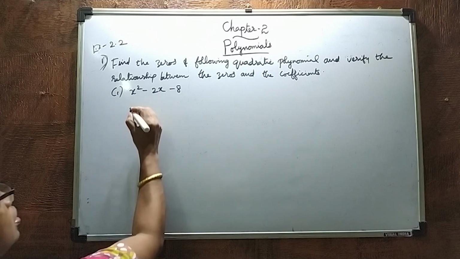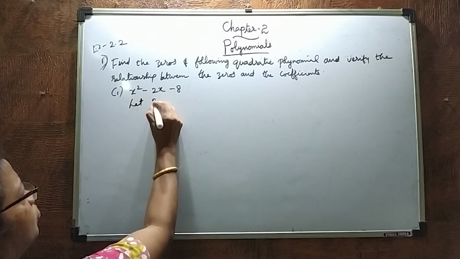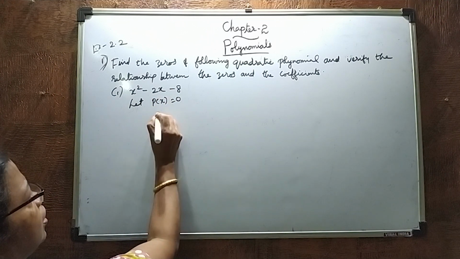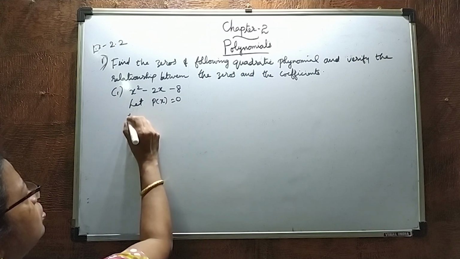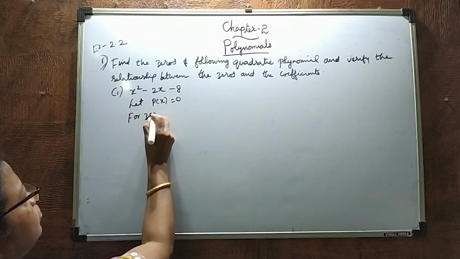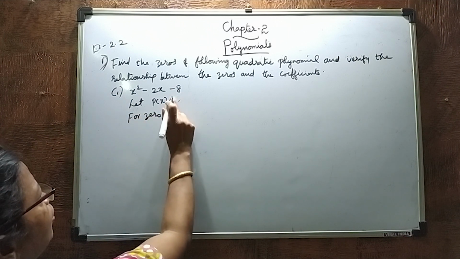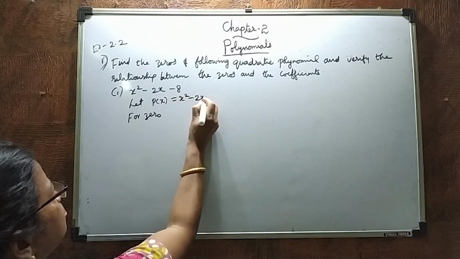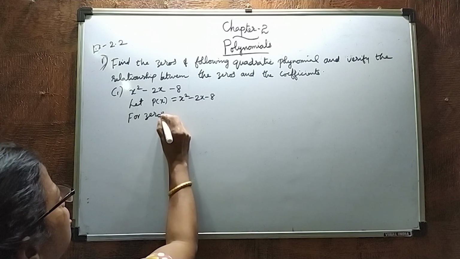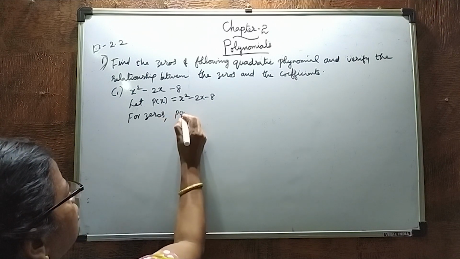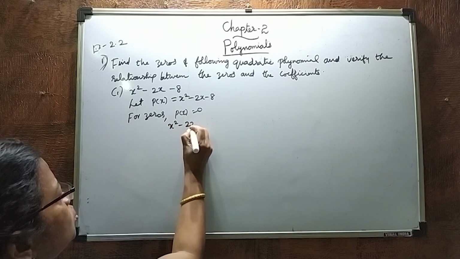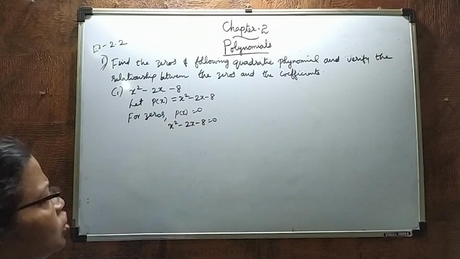What do you have to do first? Let p of x be equal to x square minus 2x minus 8. For zeros, p of x should be equal to 0. Then x square minus 2x minus 8 equals 0.